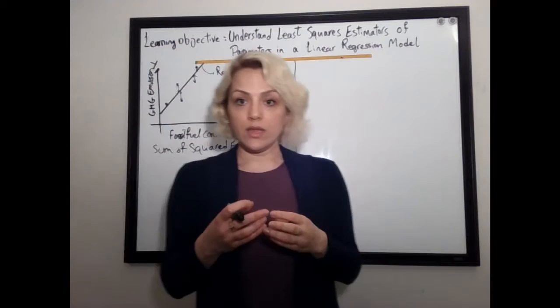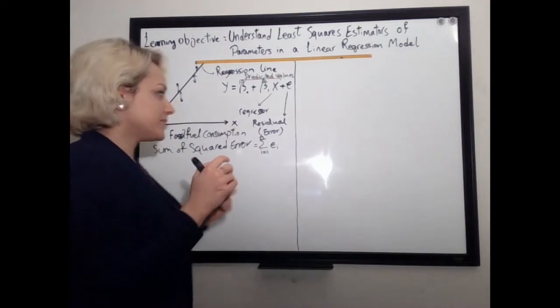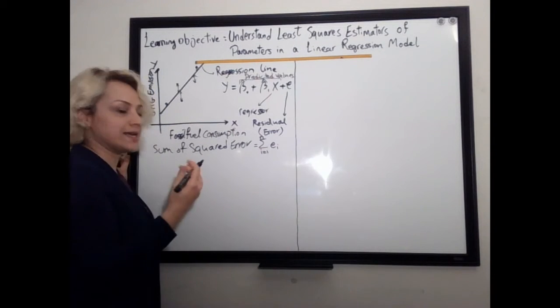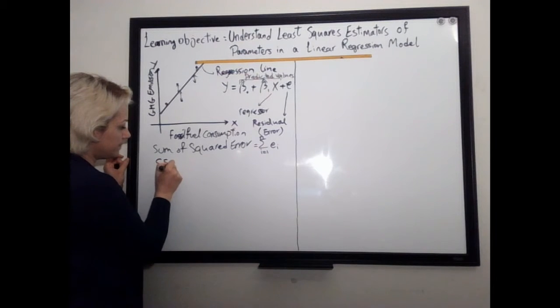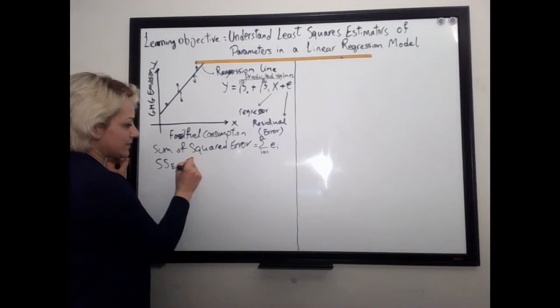If I want to write it in the form of y, instead of sum of a square, from now on I'm going to put SS. So SS of error is equal to sigma.